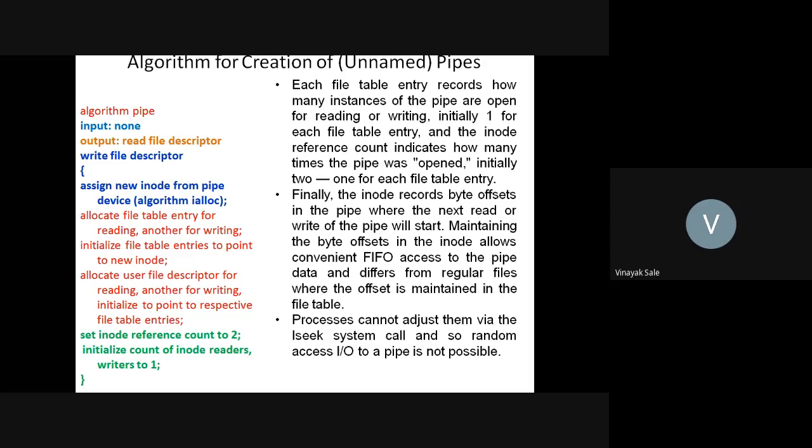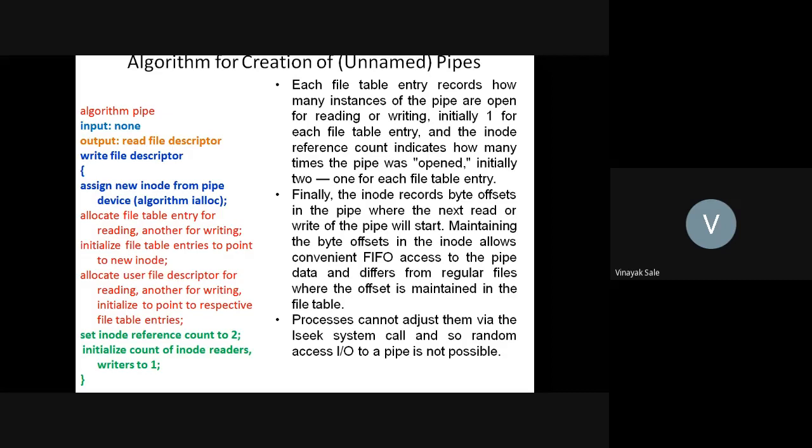Initially it is two, that is, one for each table entry for reading and for writing. Finally, the inode records byte offsets in the pipe where the next read or write will start.